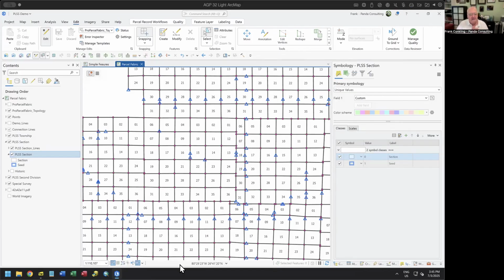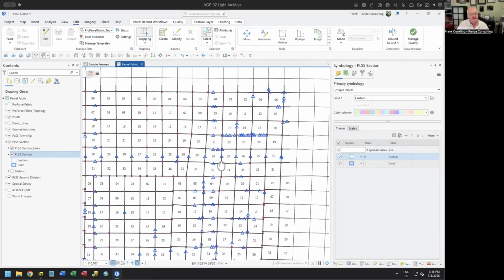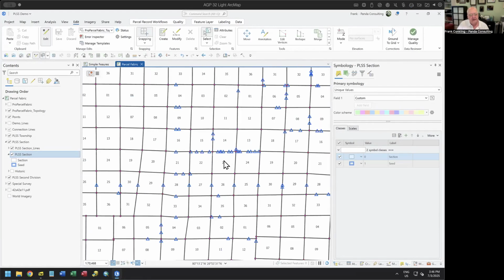I can see that I have literally no quarter corners in any of these sections, not in the closing sections, not in the regular sections within these townships, none of them. So this is not a great set that you should use for doing sectional breakdowns. It might be the only set we have, but it doesn't necessarily mean it's the best set.